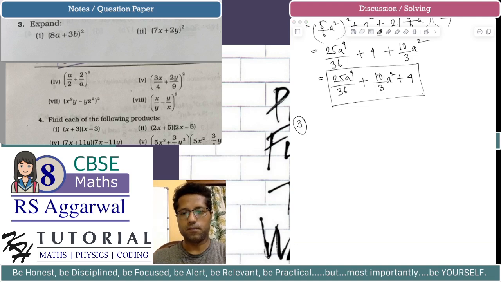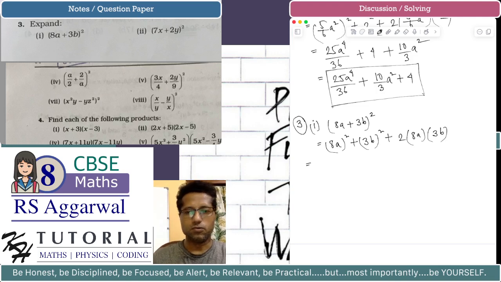The first part 1 is (8a + 3b) square. So we have to use the formula of (a + b) whole square. This is equal to a square plus b square plus twice a into b.